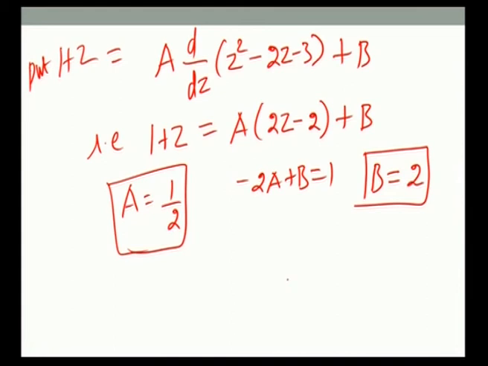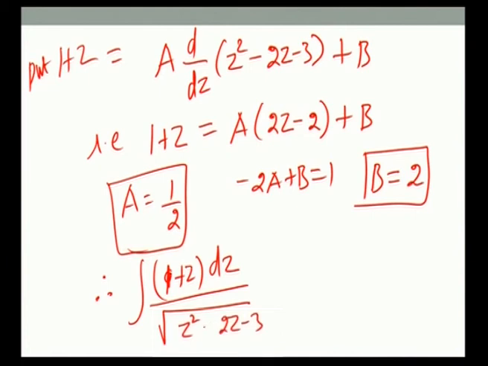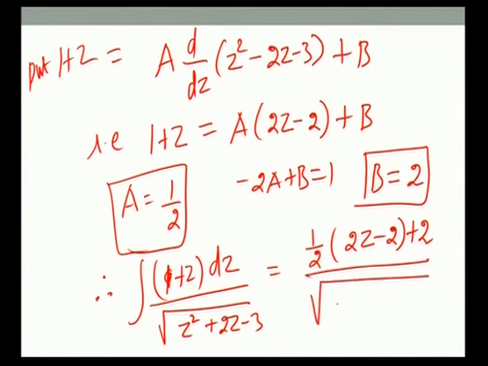Now substitute these values in the given integral. Therefore the integral of (1 plus z) dz over square root of z square minus 2z minus 3 will become 1 by 2 into (2z minus 2 plus 2) over square root of z square minus 2z minus 3. So this needs to be integrated.